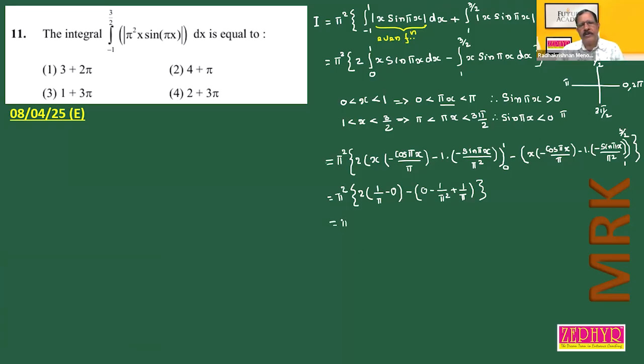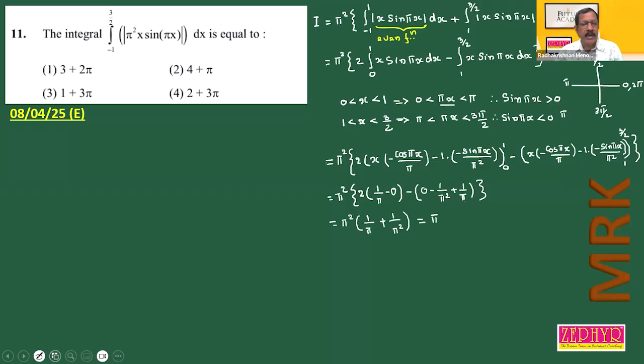Which is equal to pi squared into 2 by pi minus 1 by pi, which will be 1 by pi. Now, minus 1 by pi squared is plus 1 by pi squared. So you multiply by pi squared, you are getting pi, then there is one sin.